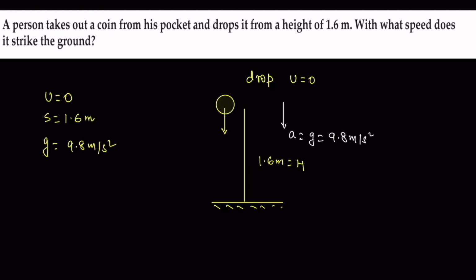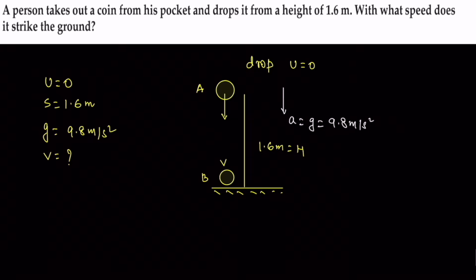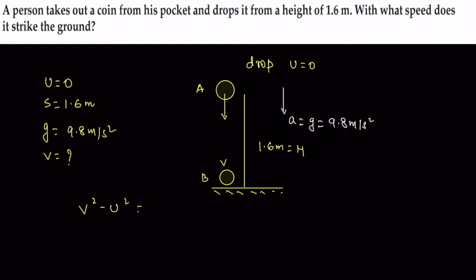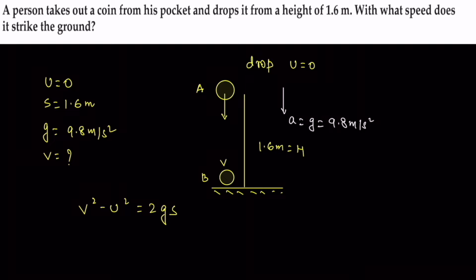And we have to find the final velocity, at what velocity it strikes the ground. It means that suppose the coin is at point A, and when it comes to point B, which is almost touching the ground, what is the velocity at that time? So we can use our formula v square minus u square is equal to 2gs. Why do we need to use this formula?